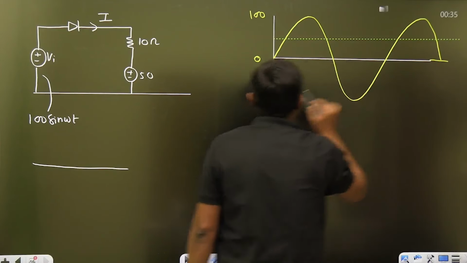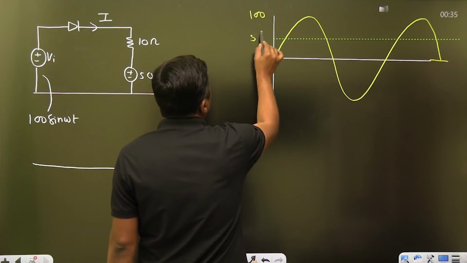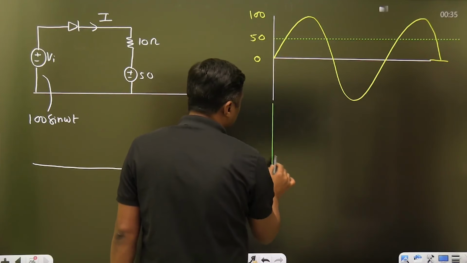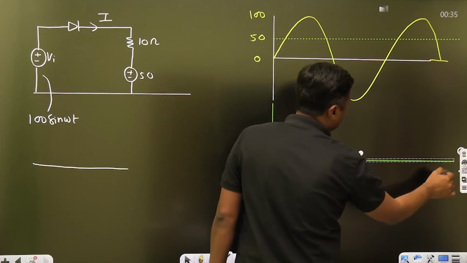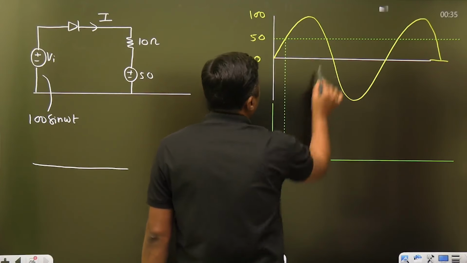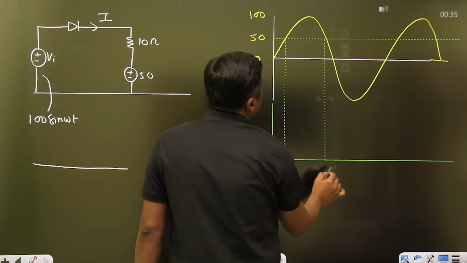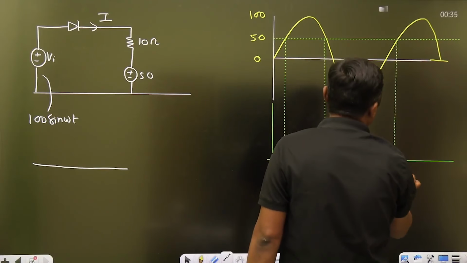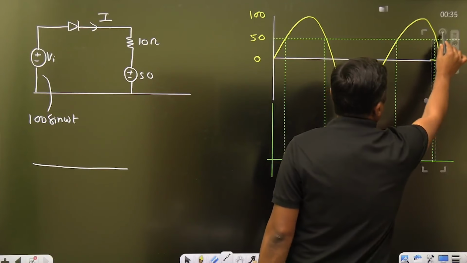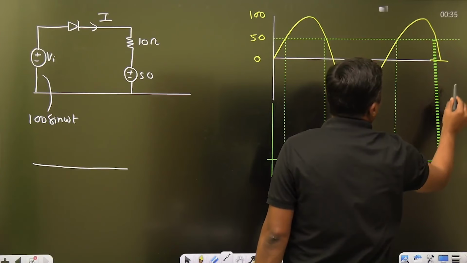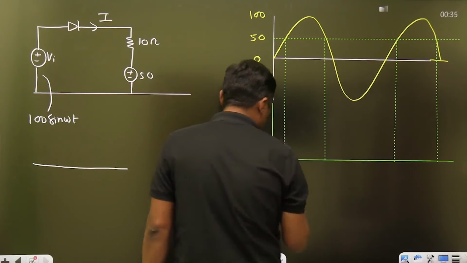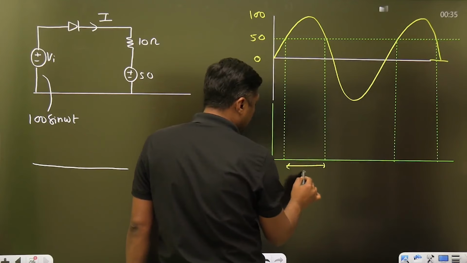And when the diode is on, there will be current. Current will exist from this point to this point only. This is the conduction angle we can say for the diode.